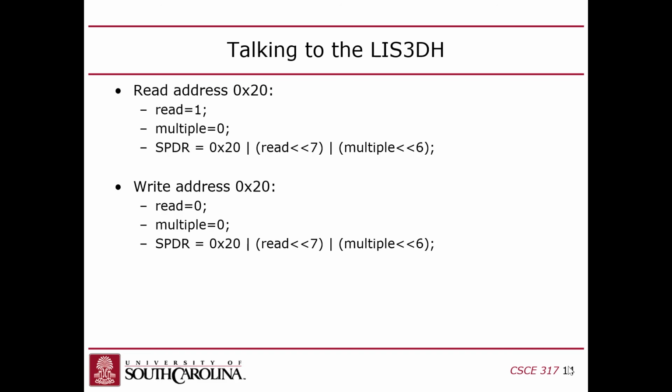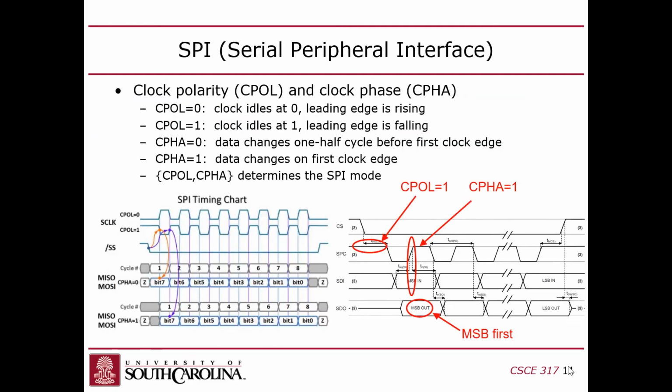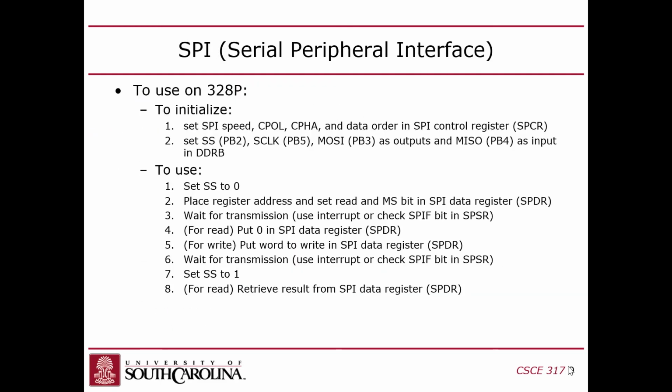So this is a little snippet of code, but it is really just part of the overall thing, which is basically step 2 on here. Make sense? So you probably want to write a function that does this. It's probably best to write a generic function that does all these steps, so you call the function once and it does a complete read or write.